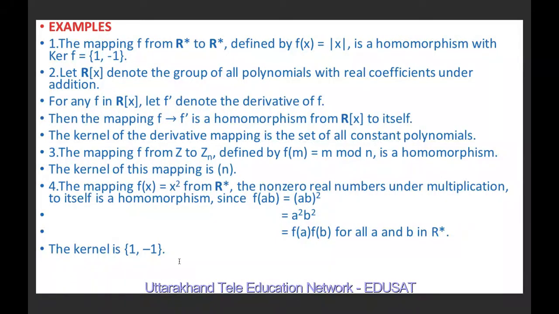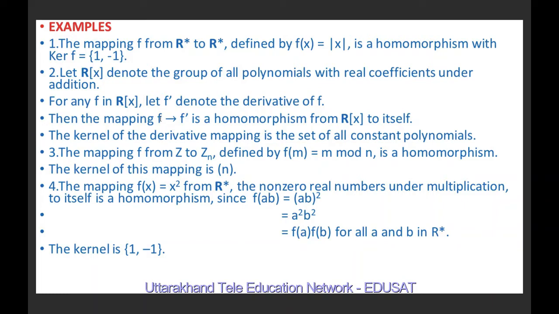Some examples. The mapping f from R* to R* defined by f(x) = |x| is a homomorphism with Ker f = {1, -1}. 1 and -1 are the elements of the kernel. Let R[x] denote the group of all polynomials with real coefficients under addition. Let f' denote the derivative of f in R[x].